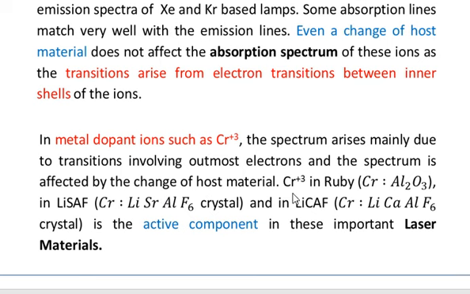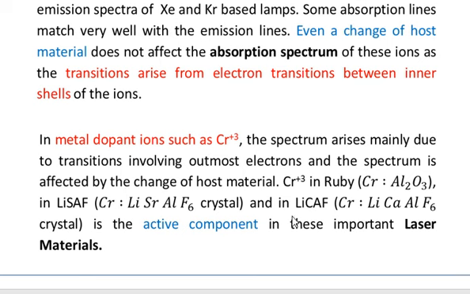So chromium plus 3 in ruby, which has the formula Al2O3, and in LiSAF, that is chromium in lithium strontium aluminium F6 crystal. And in LiCAF, the chromium is there, and the formula is lithium calcium aluminium F6 crystal. So these are the laser materials.